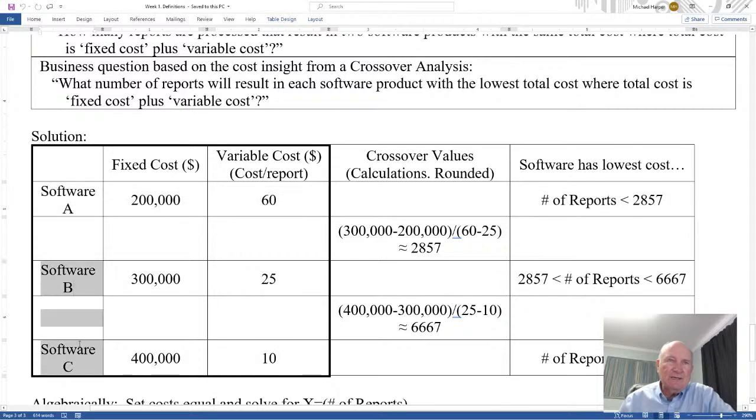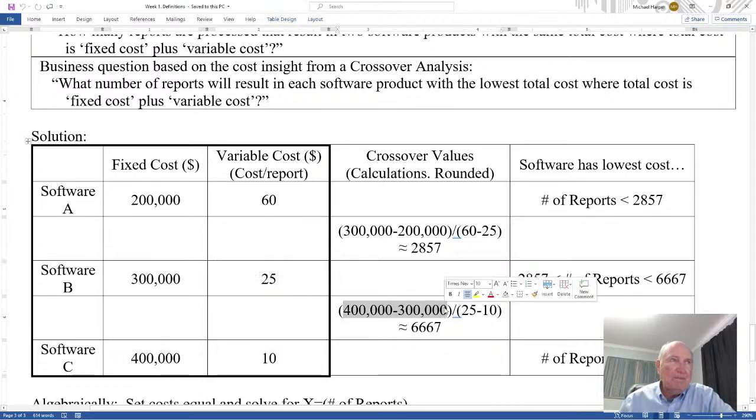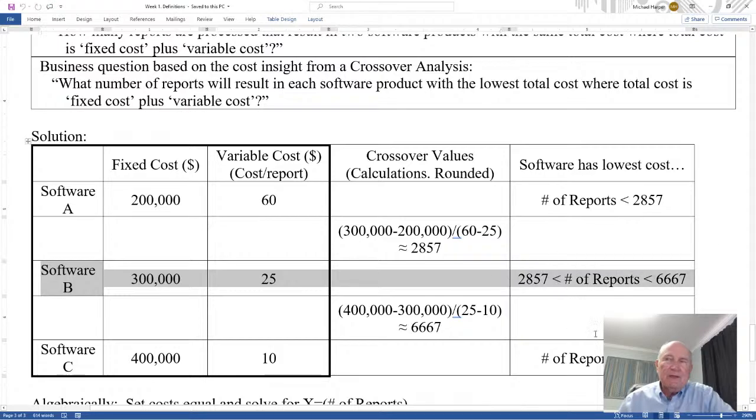Now between B and C, we're going to have the same thing, 400,000 minus 300,000 right here, divided by 25 minus 10 right here. Do the arithmetic, and that's approximately 6,667. So for software B, if the number of reports is between 2,857 and 6,667, then software B will have the lowest cost.